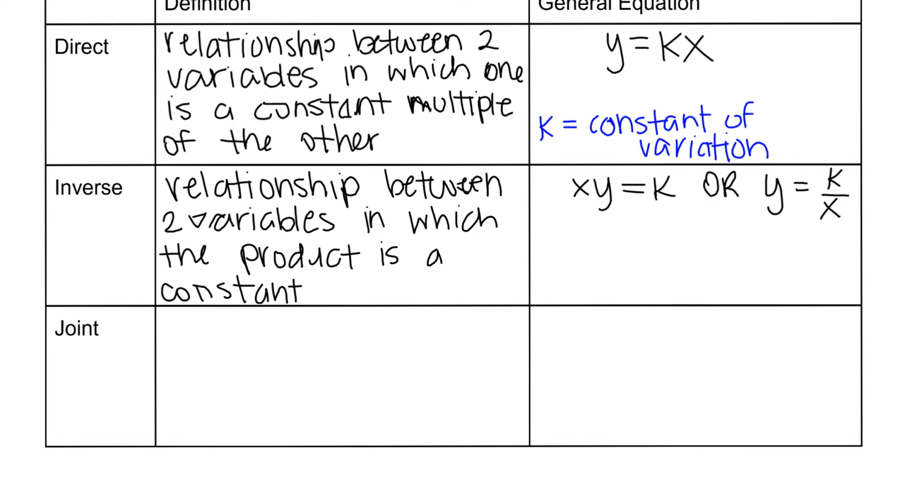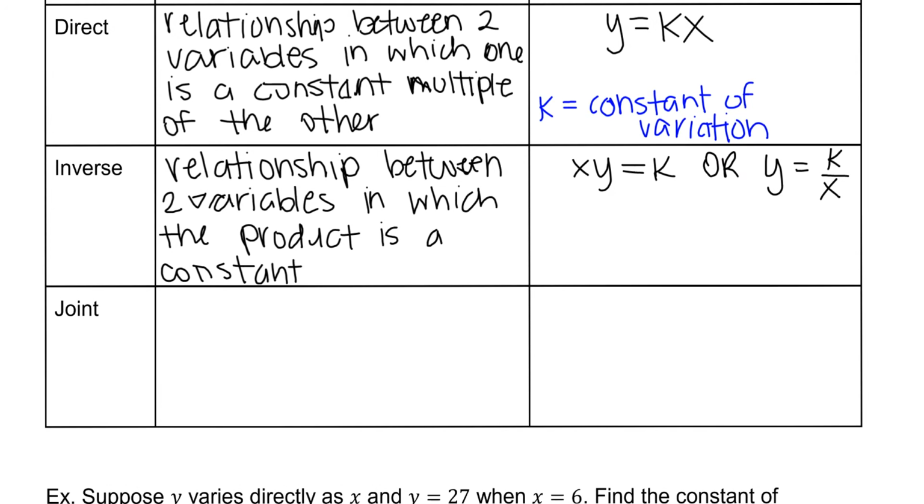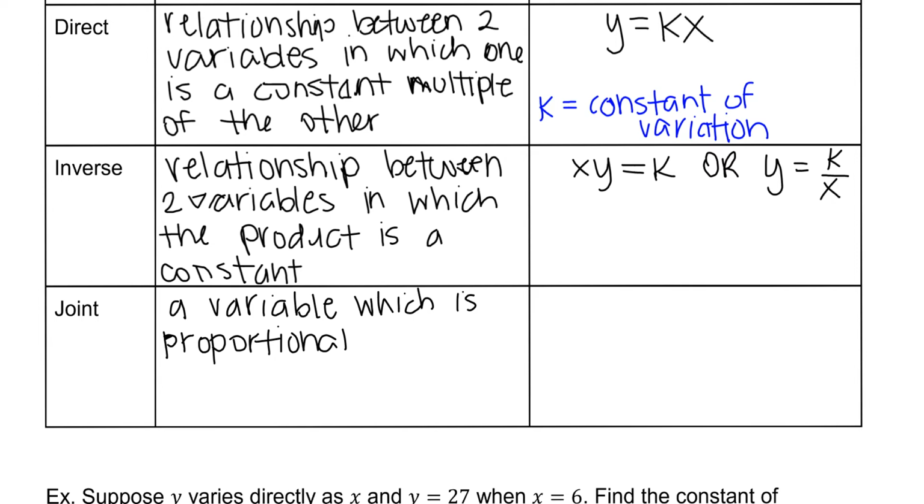Our last type of variation is joint variation. Joint variation is not a relationship between 2 variables. Joint variation involves multiple variables. A variable which is proportional to the product of 2 or more other variables.